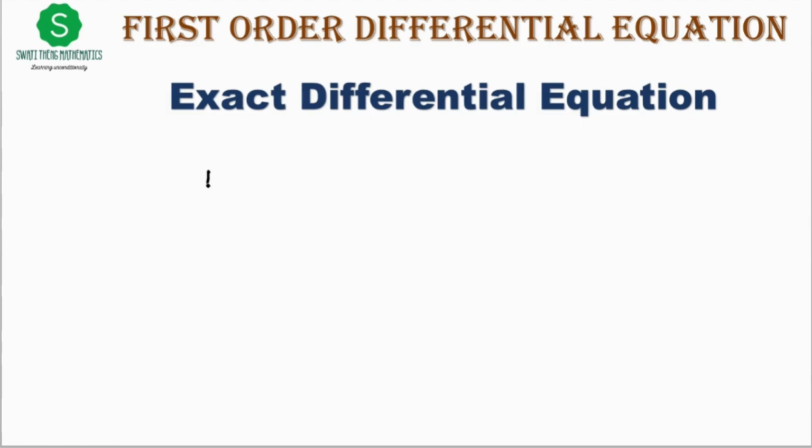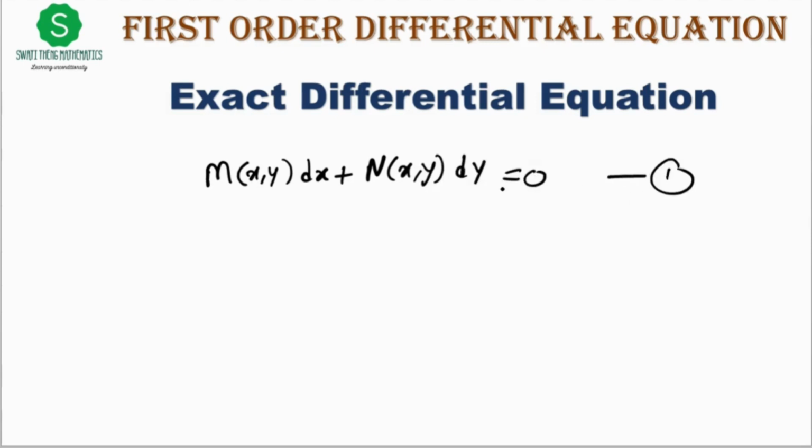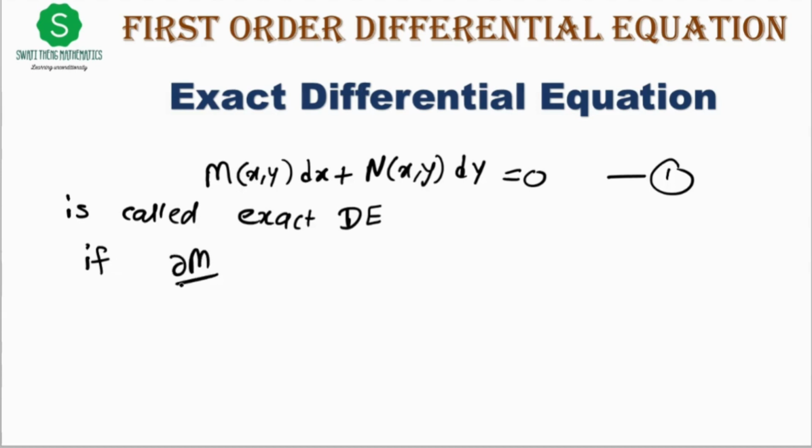Here, suppose we are given the equation in the form M(x,y) dx plus N(x,y) dy equals 0. This equation is called an exact differential equation when it satisfies the condition del M by del y equals del N by del x.